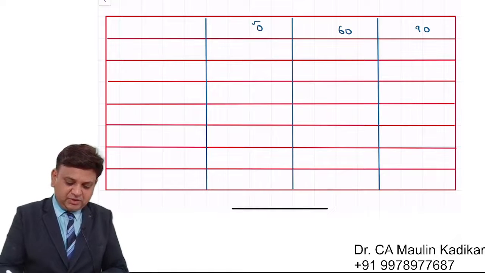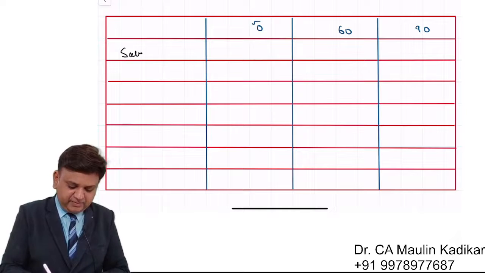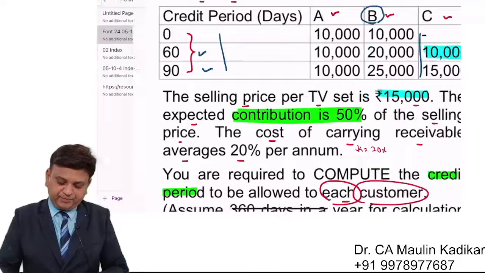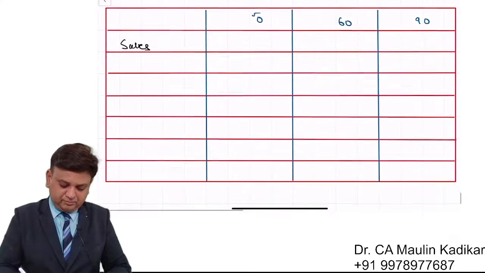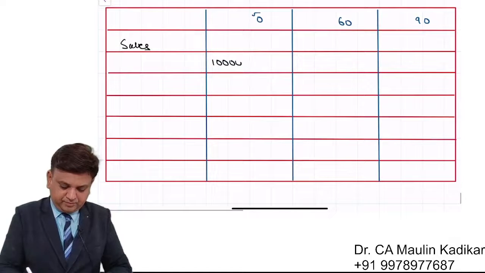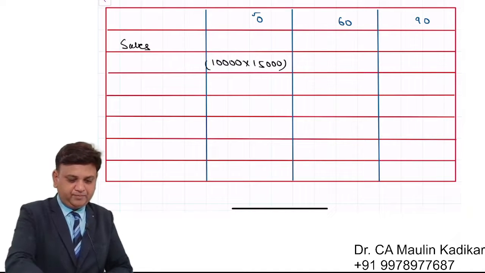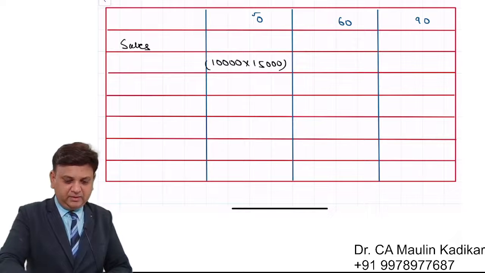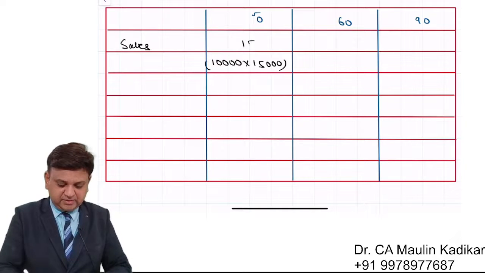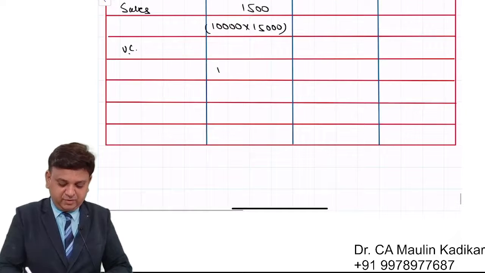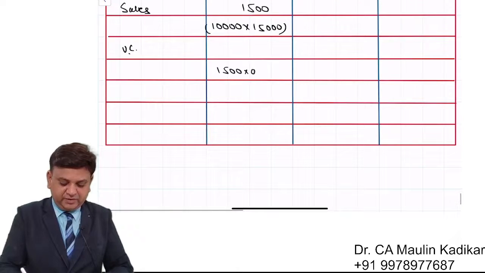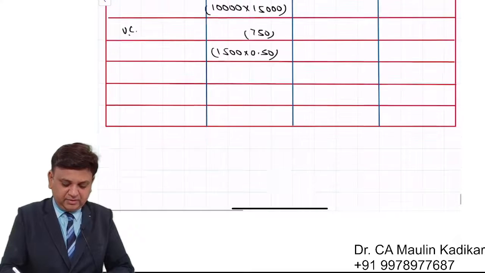So in case of 0 days, what will happen? First of all, we'll mention the sales. It is 10,000 units multiplied by 15,000 rupees as the selling price. So the answer would be 1,500 lakhs. Variable cost will be half: 1,500 into 0.5, 750.